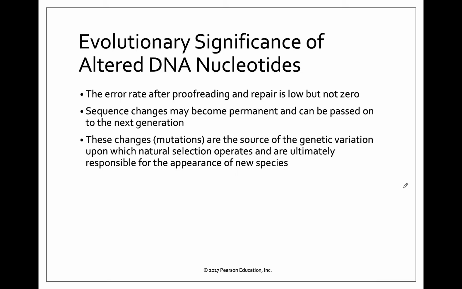So even though we check the DNA for errors, the error rate after proofreading is low, but it's not 0, so it's not insignificant. Imagine you wrote a paper for class and Microsoft Word did its spell check, and then maybe you gave it to a friend to read and they spell checked it for you, and then you turn it in and you still get a grammar error or a spelling error you missed.